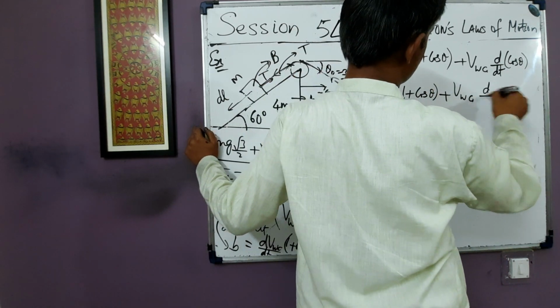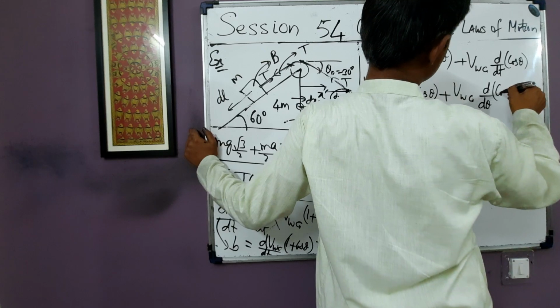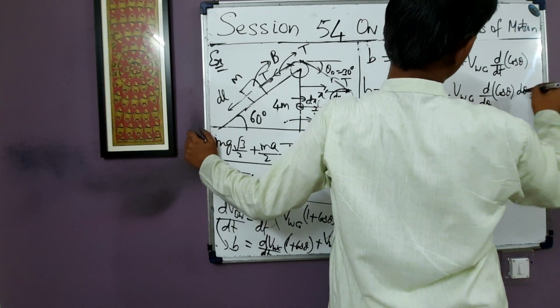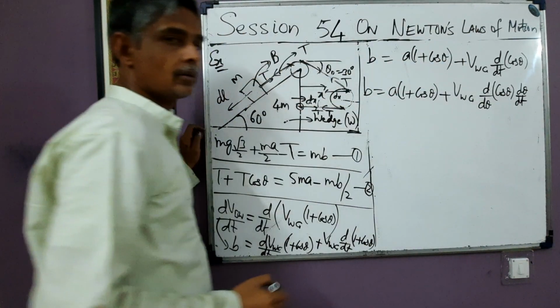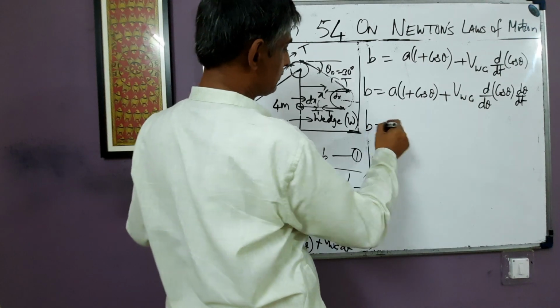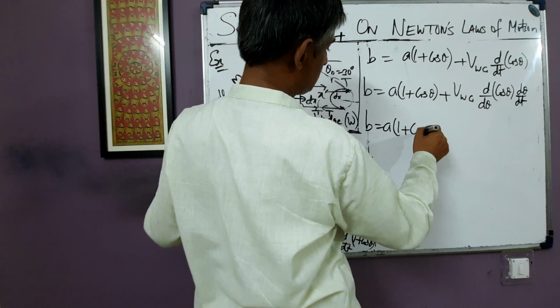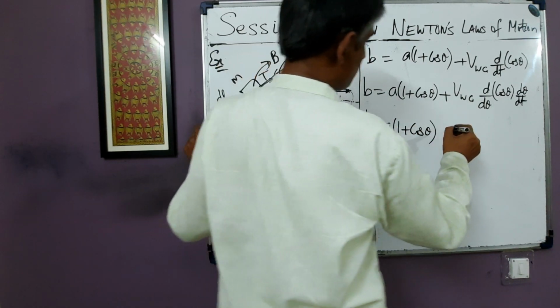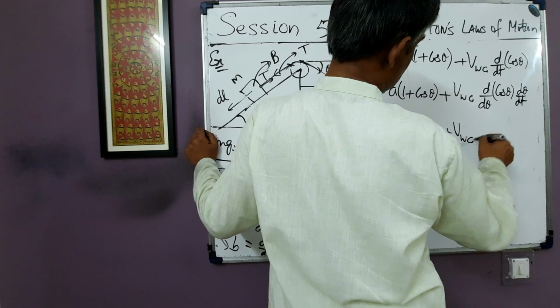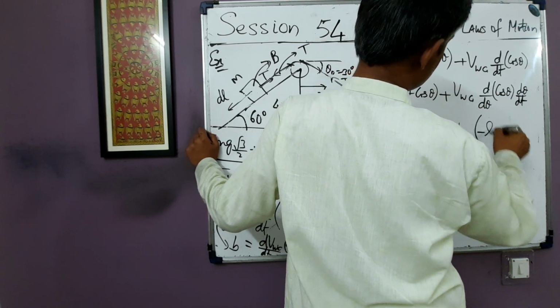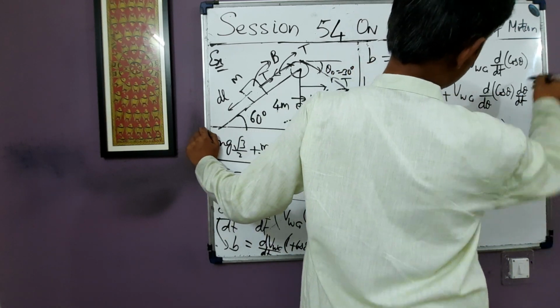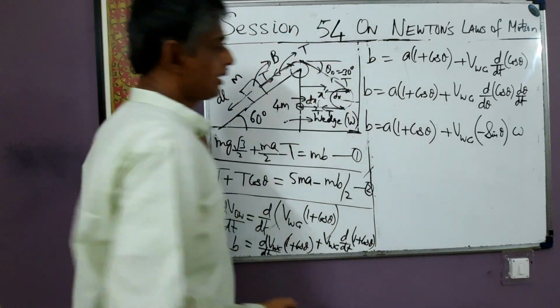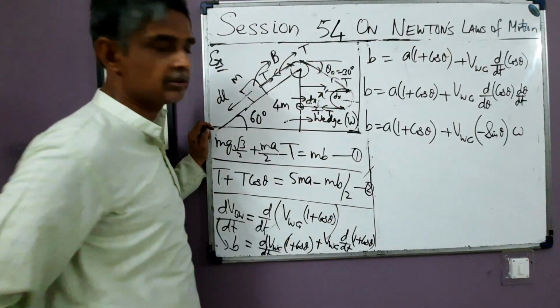We differentiate using the chain rule: d by d theta of cos theta into d theta by dt. So we get b is equal to a into 1 plus cos theta plus VWG. What about d by d theta of cos theta? Minus sin theta. What about d theta by dt? Omega, the angular speed of the string at time t with respect to ground.